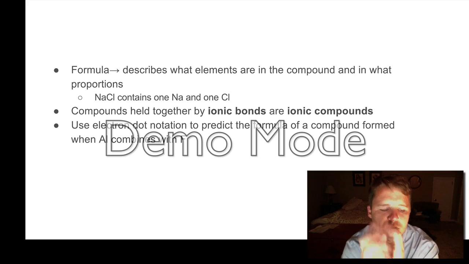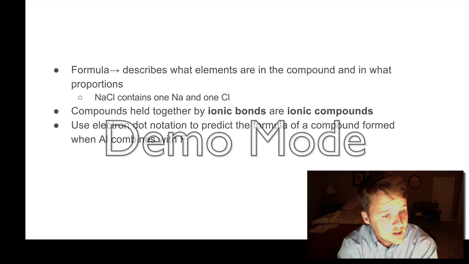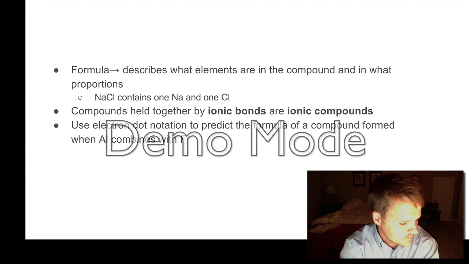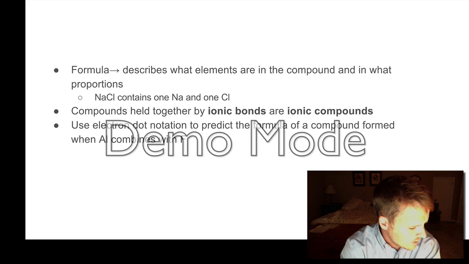Let's do this. So aluminum has 3 electrons. Fluorine has 7 electrons. Okay, this is going to be tough. Let's think now. Fluorine.